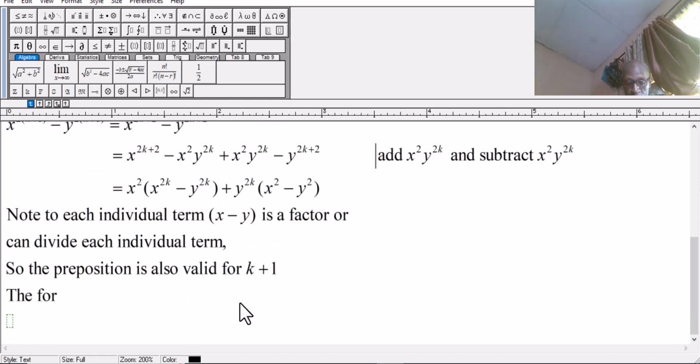So the formula x raised to the power of 2n minus y raised to the power of 2n is divisible by x minus y.